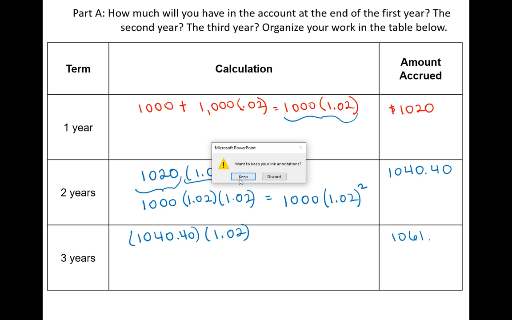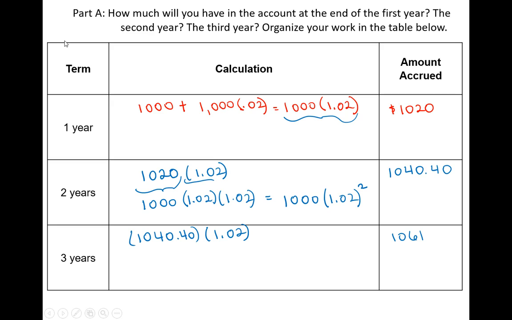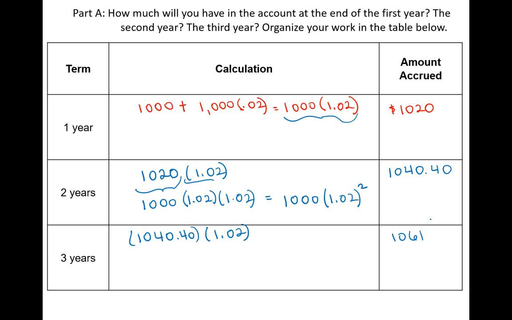Let's keep going. And I'm just going to round this to 21 cents. So you can see now we're at $1.21. With simple interest, we were getting $20 a year. But with compound interest, we're getting a little bit more.